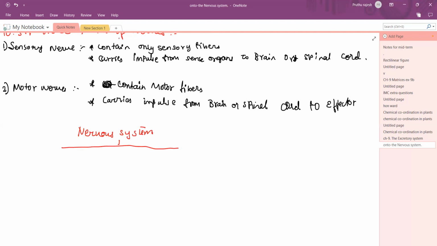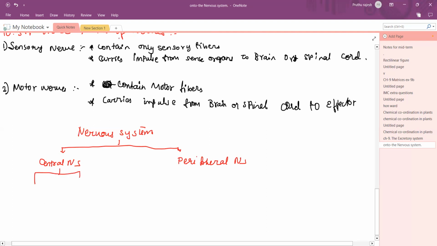Nervous system is divided into two major parts. One is central nervous system and peripheral nervous system. Central nervous system is again divided into two main parts: brain and spinal cord.